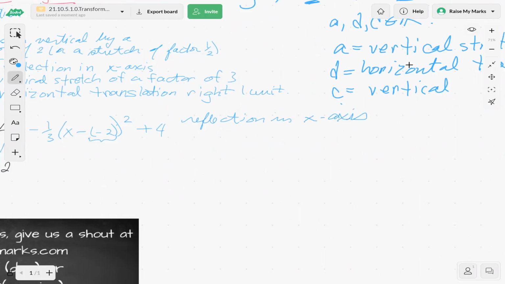The 1/3 is a vertical compression. I always forget that. Vertical compression of a factor of 3.